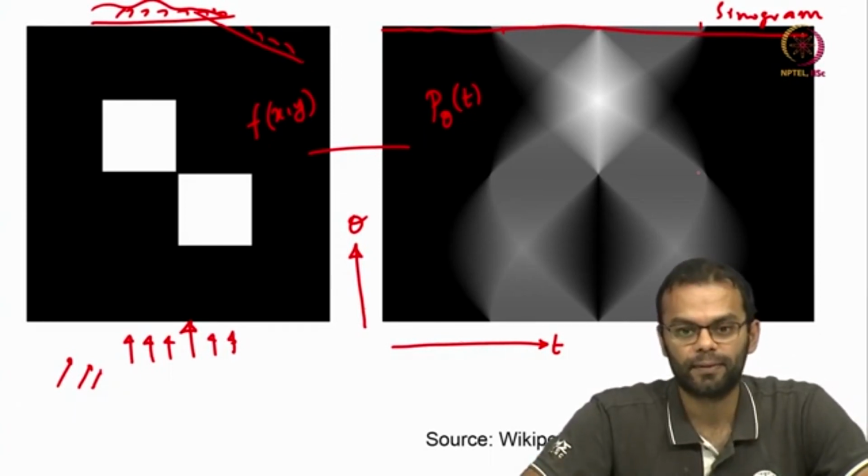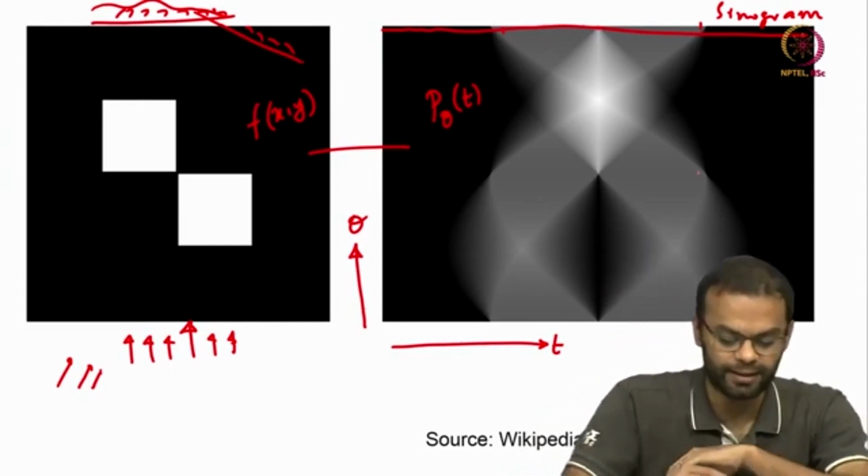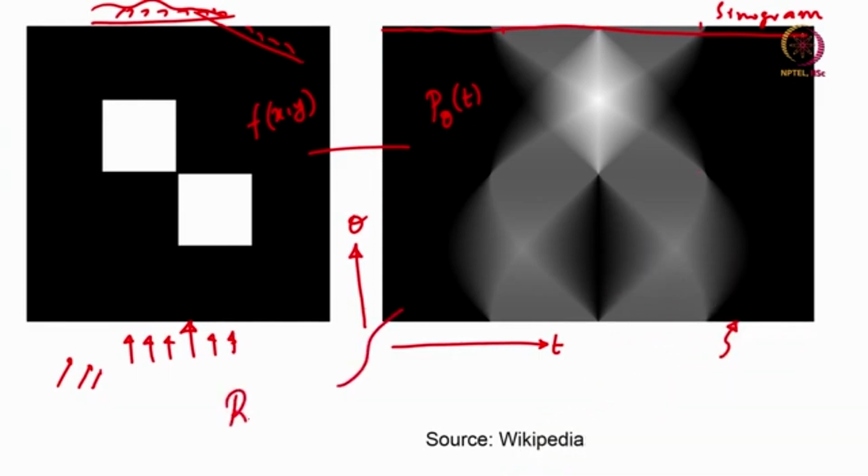So the right side image is the radon transform of the left side image. You can play with this, you can create different types of cross sections on the left image, and you will get a corresponding sinogram in the right image.